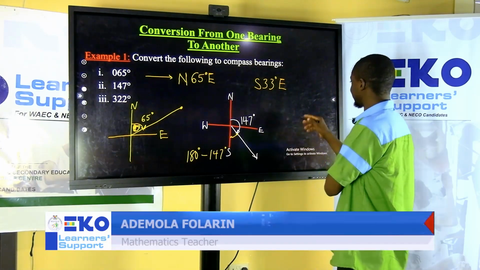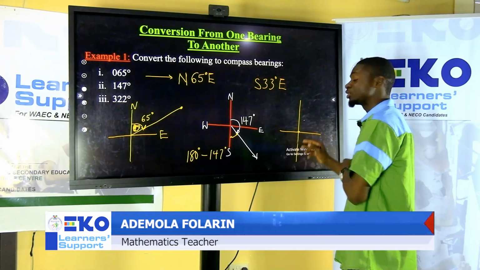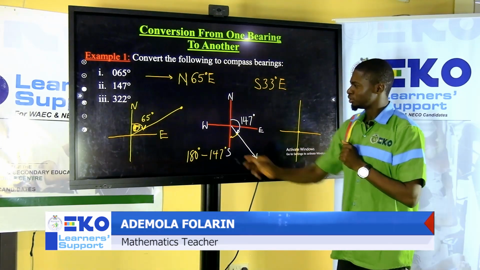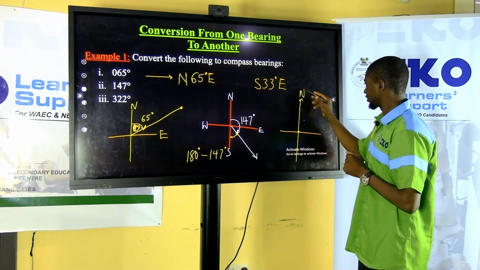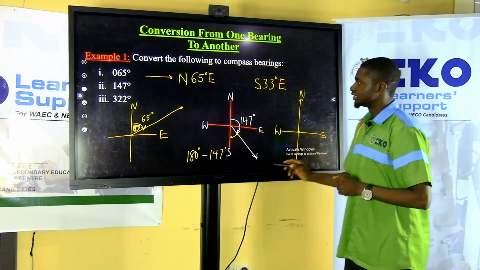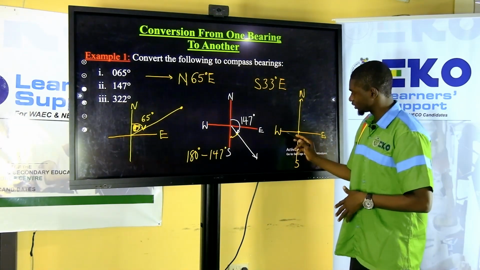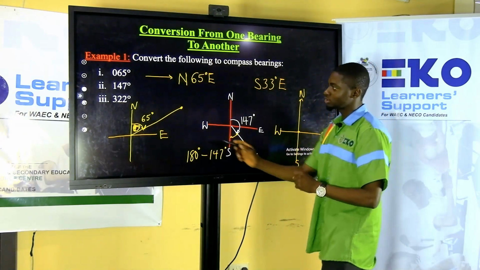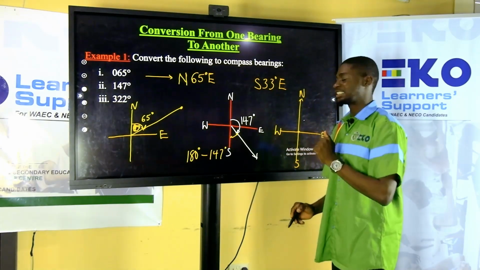All right. I'm not going to finish the last one with you because I'm not going to feed you all through. But look at it. North, east, south, west. 90, 180, 270, 360. So 322 falls between 270 and 360.